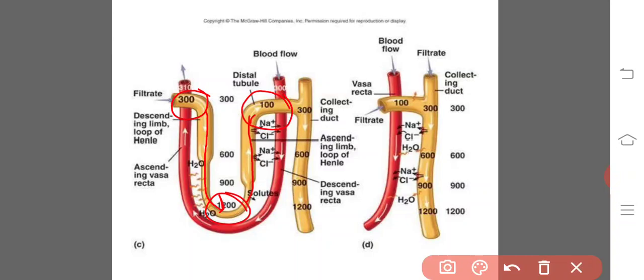But if you observe furthermore, due to the activity of ADH on the collecting tubule, what happens?